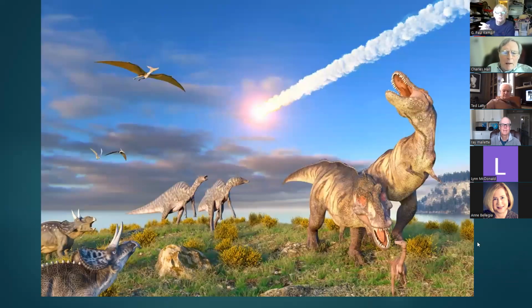Okay, now let's go back again to this point where a giant meteor, big enough so it didn't burn up in the atmosphere and probably several miles across, slammed into the Yucatan.